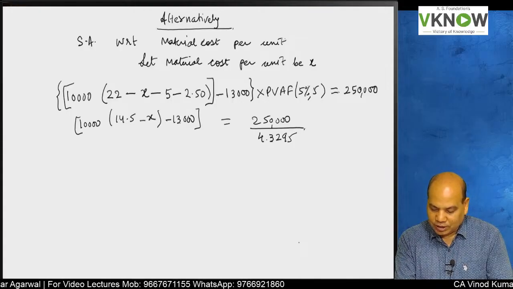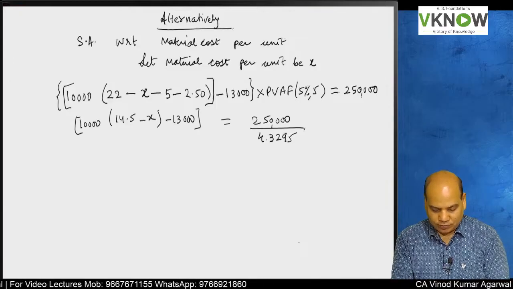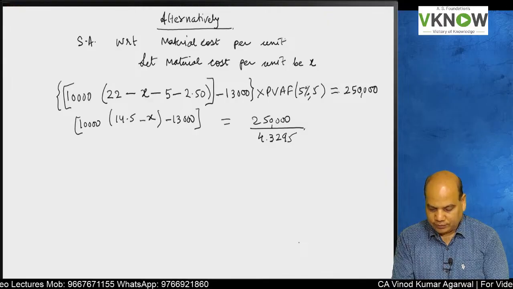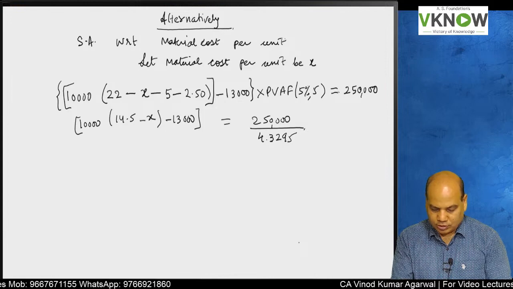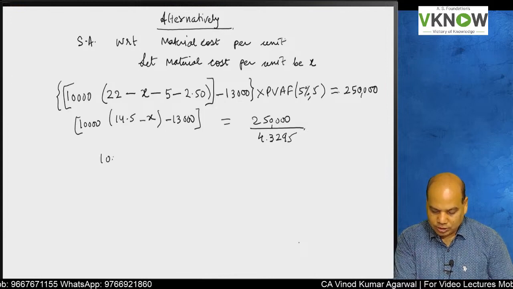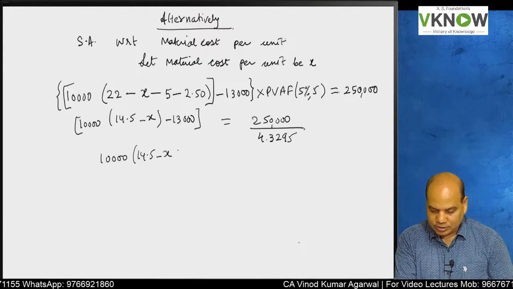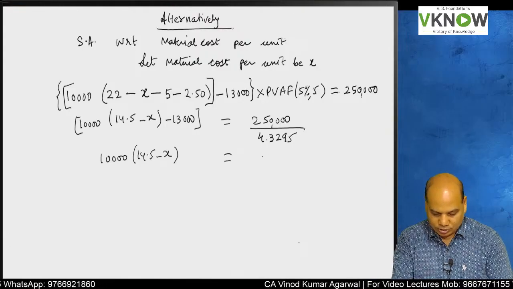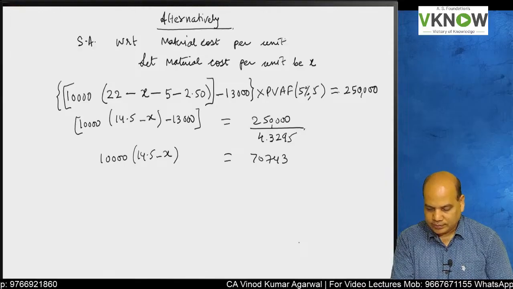Then I am going to add 13,000 on the right side. So 2,50,000 divided by 4.3295 plus 13,000 is equal to 10,000 into (14.5 minus X), equal to 70743.